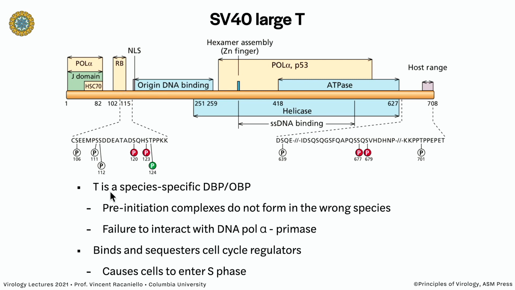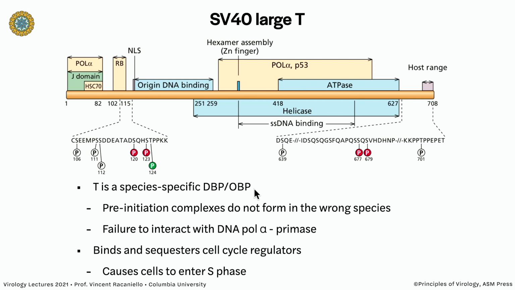This T antigen, for different polyomaviruses, is a species-specific DNA and origin binding protein. And the virus will only reproduce in the right species. So you can have polyomaviruses of monkeys or primates, in which case the virus will only reproduce in primates.